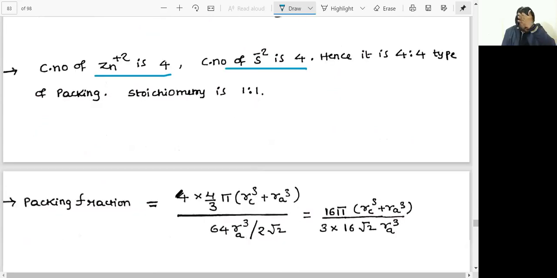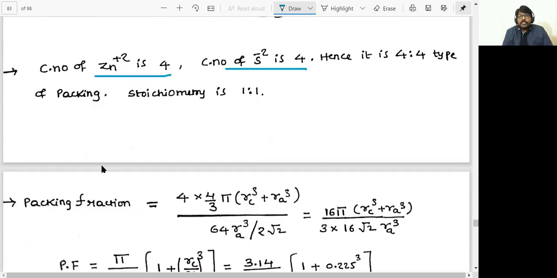But first, let us take packing efficiency, packing fraction. Otherwise packing fraction I'm going to find. And the definition of packing fraction is very clear. The total volume occupied by the ions by total volume of unit cell. So here there are 4 cations and 4 anions. 4 cations means volume of cations is 4 into 4 by 3 pi rc cube, where rc is radius of cation.